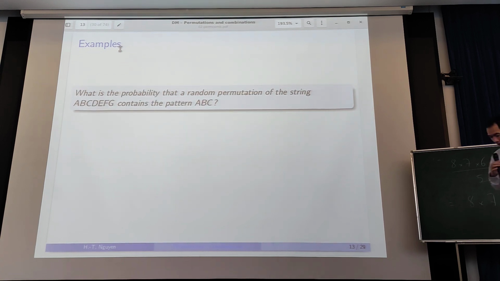Okay, so the second example involves, let's say that we want to find a pattern in a string.